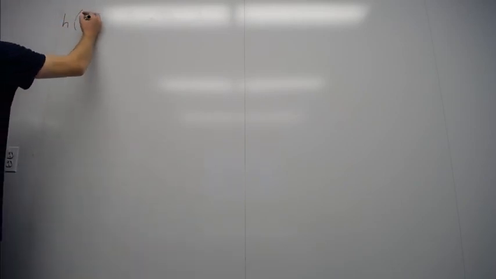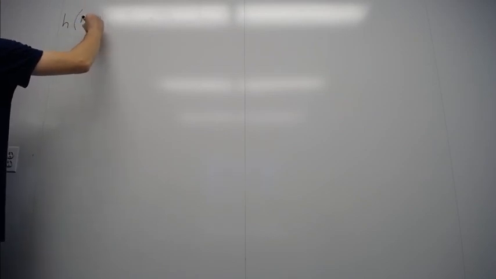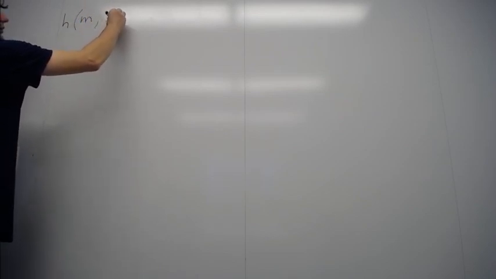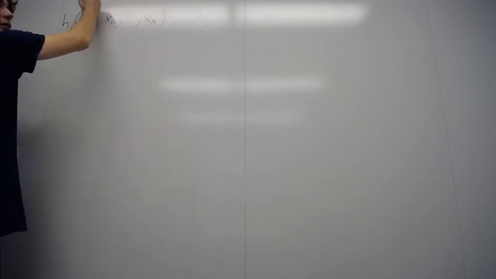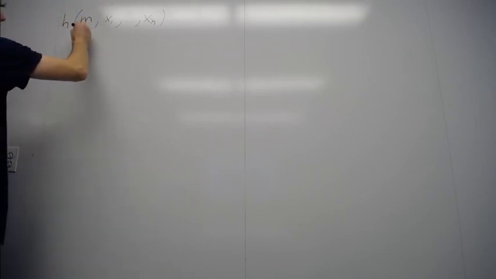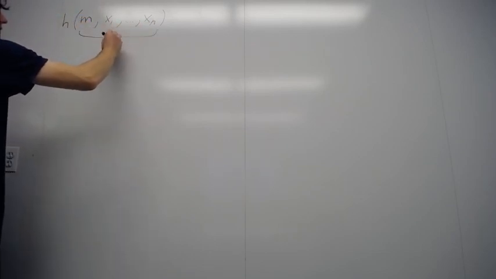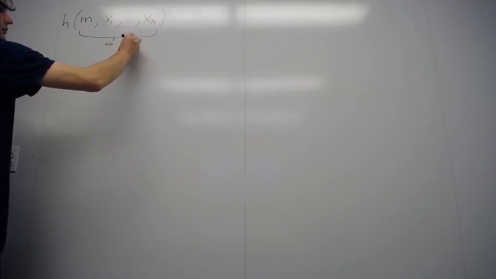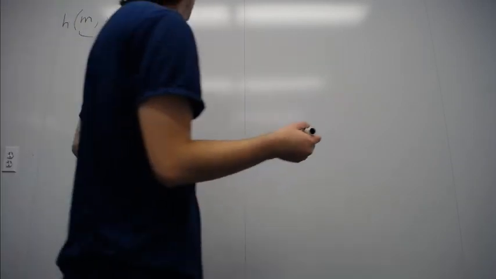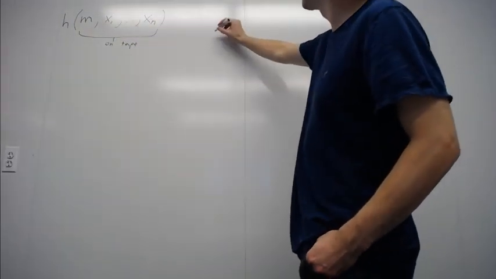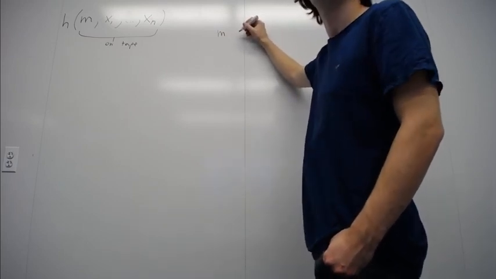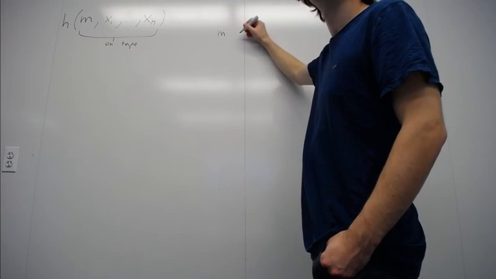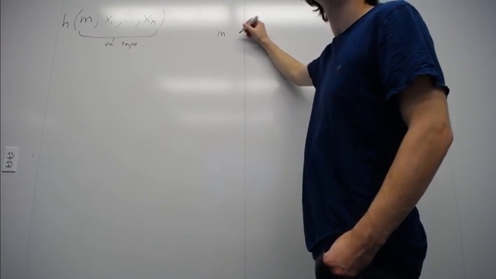I think, so I'll call this m. So this is on the tape to start. Okay, so you want to do some input duplication, right? Are we duplicating the m? Let's just try stuff. Don't you want to duplicate the x1 to xn?